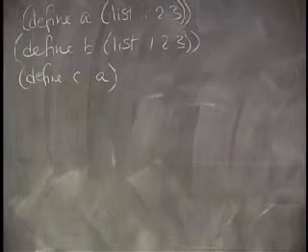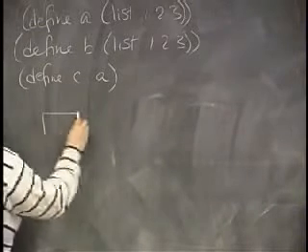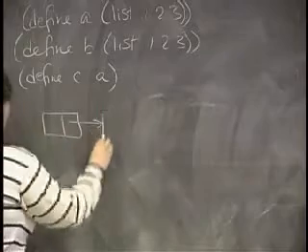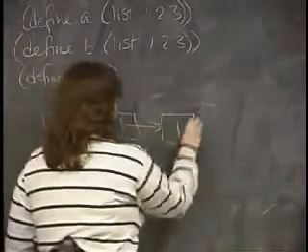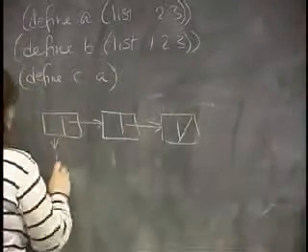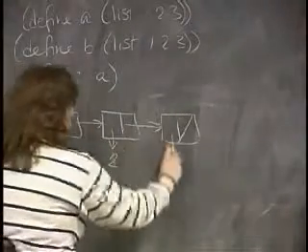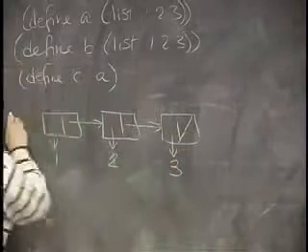Before we start talking about any of these equality tests, let's draw the box and pointer diagrams. A is a list of 3 elements. The first element is 1, the second element is 2, the third is 3.